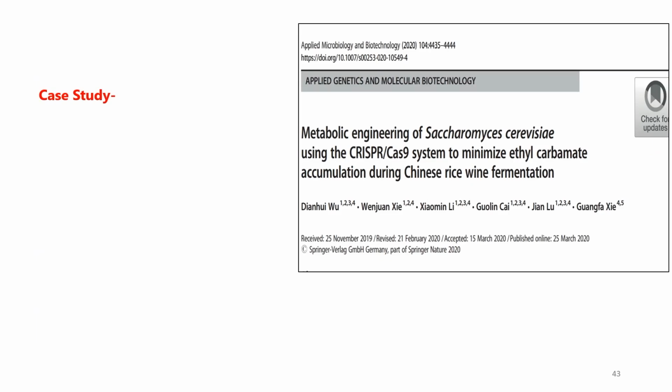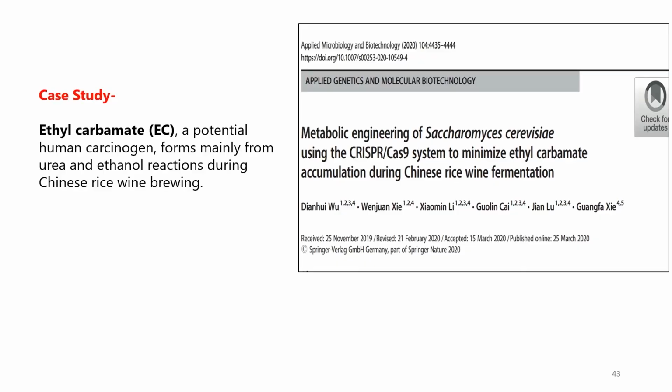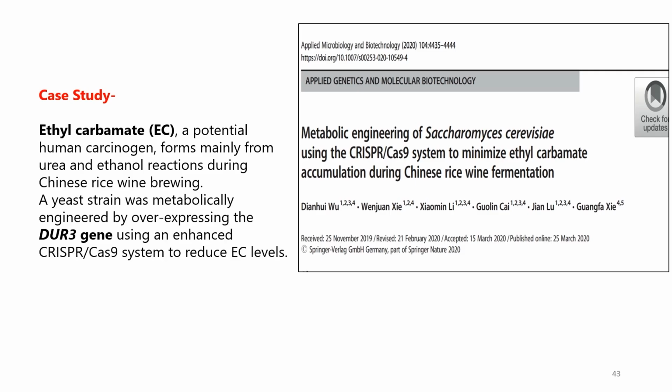So, this paper discusses the work done by Wu et al. on metabolic engineering of Saccharomyces cerevisiae using the CRISPR-Cas9 gene editing system to minimize ethyl carbamate accumulation during Chinese rice wine fermentation. Here ethyl carbamate, a potential human carcinogen, forms mainly from urea and ethanol reactions during Chinese rice wine brewing.